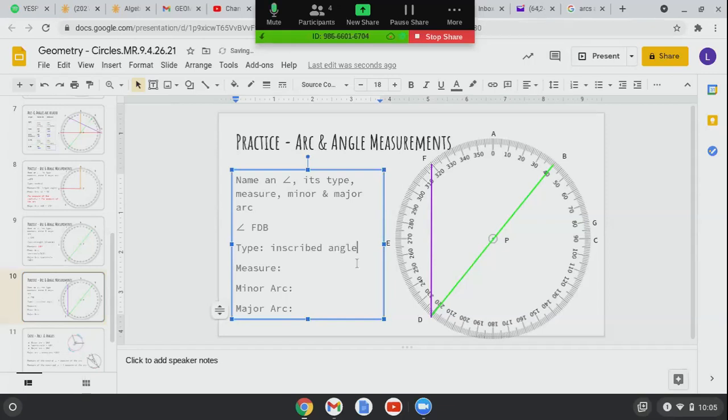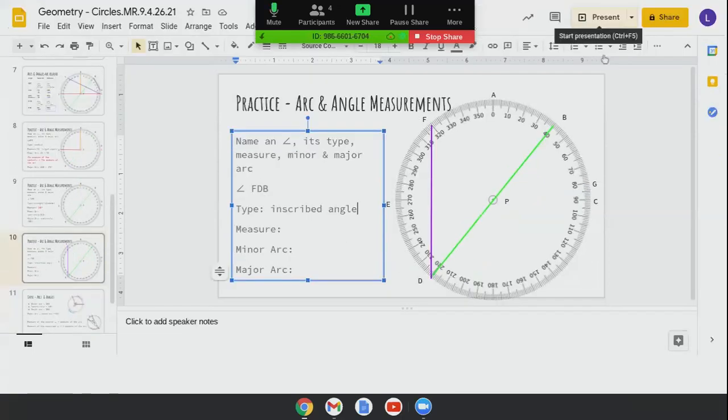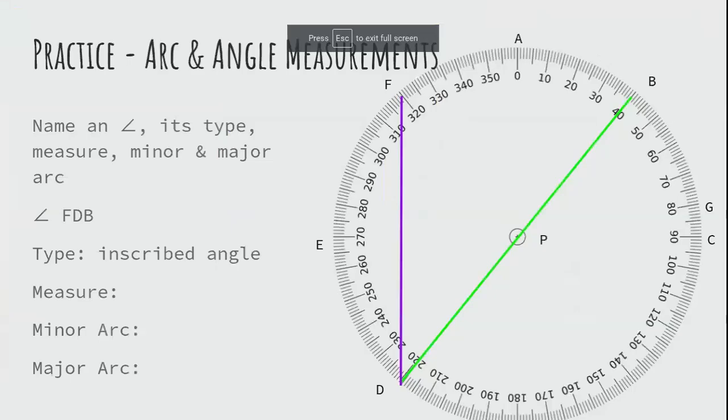Okay. So now here is where it gets a little tricky. If we know the measure of the central angle, we know the measure of the arc. But with an inscribed angle, we find the measure of the arc first.